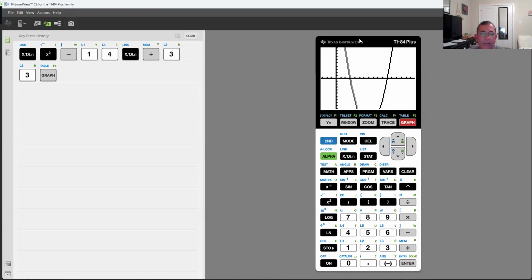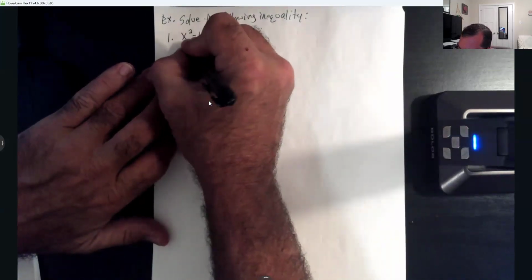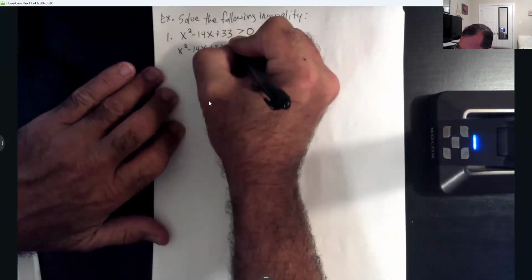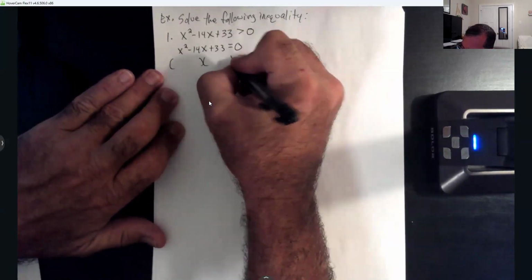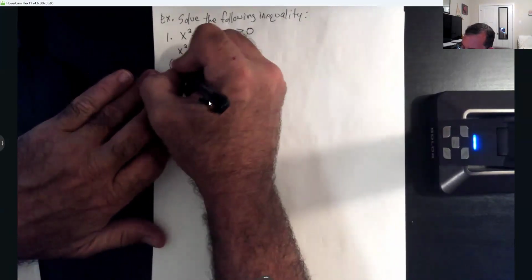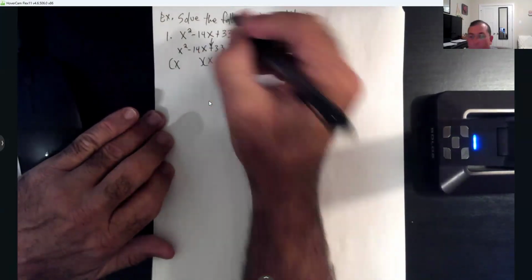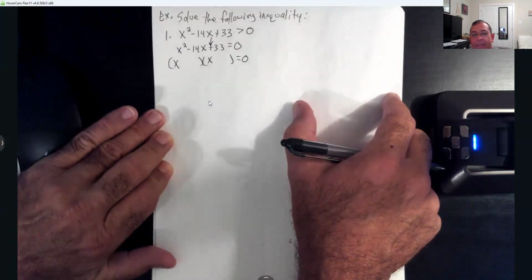So let's go actually solve this. To actually solve it, I'm going to set it equal to 0. Now I'm going to solve it by factoring. So I got an x and an x. Now remember though, when I graphed it, I seen that my answers were 3 and 11, okay?